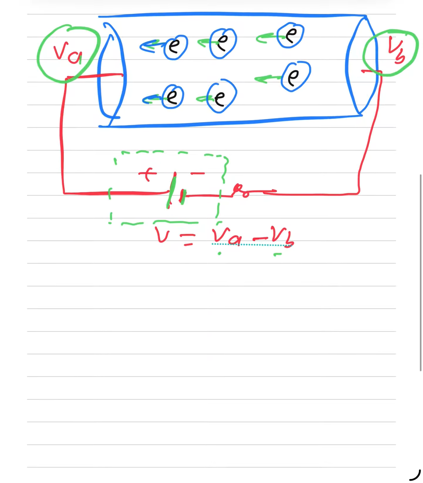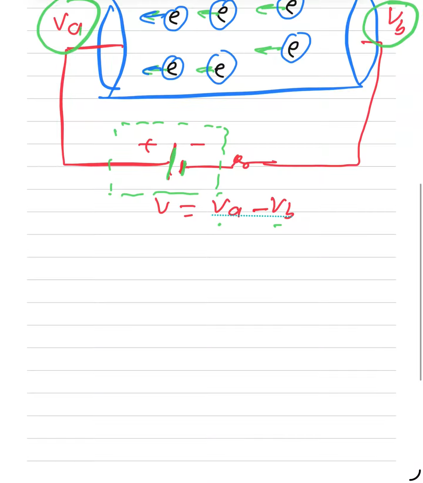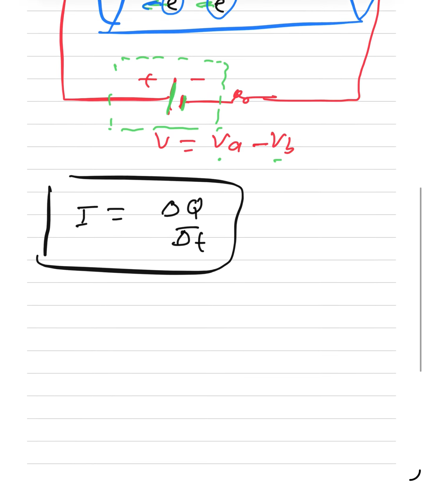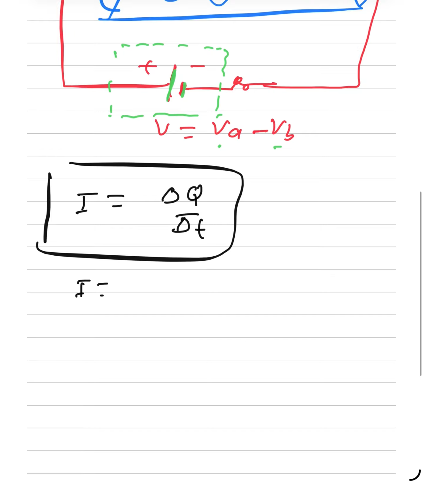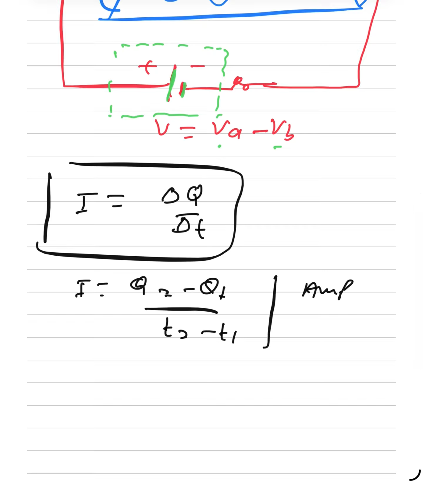Due to the flow of electrons, meaning the flow of charge, electric current equals delta q divided by delta t. It is also written as I equals q2 minus q1 divided by t2 minus t1, and the unit is ampere or coulomb per second.